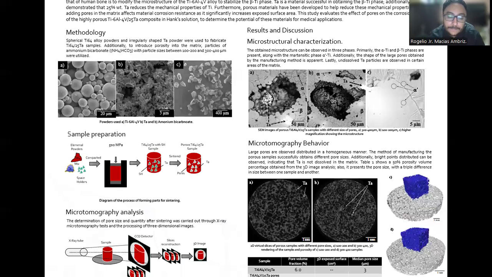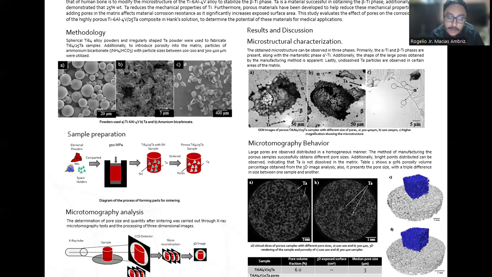Methodology. In order to manufacture porous materials, titanium-6-4 and tantalum powders and pore-forming particles such as ammonium bicarbonate salt are used. The salt is used in two different sizes, 100 to 200 micrometers and 300 to 400 micrometers, in order to evaluate the effect of pore size on corrosion resistance.